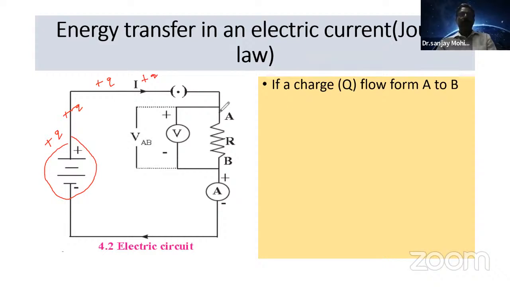Now it will come here, and we know the formula I is equal to Q upon T. This is the formula of current. Then V is equal to W upon Q, and R is equal to V upon I. So using these three relations, we are going to prove Joule's law.